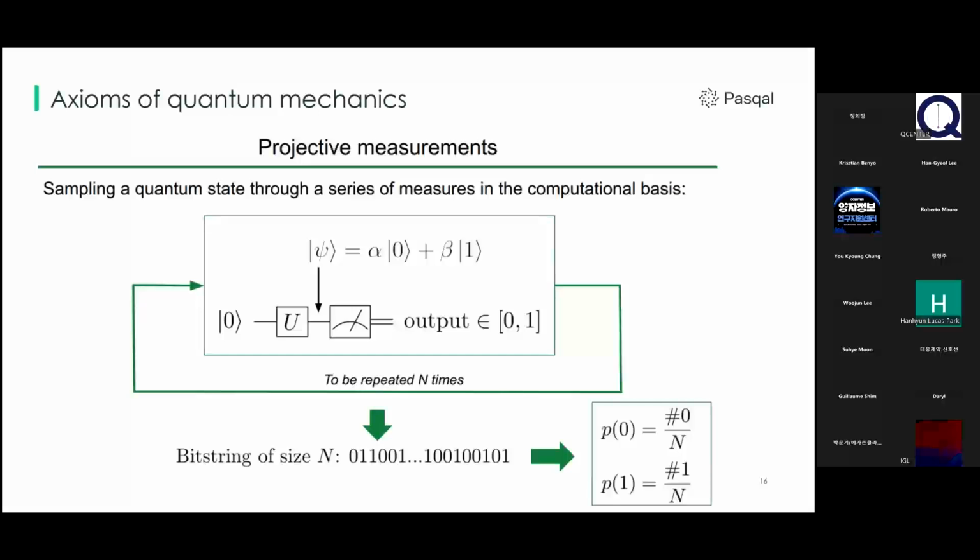Which boils down to the second problematic, is that if you want to know more about the quantum information itself, you need to repeat the actual experiment. And you need to repeat it potentially many, many times. By repeating it, you can get a probabilistic notion of where your quantum information is, in a sense, to some degree.